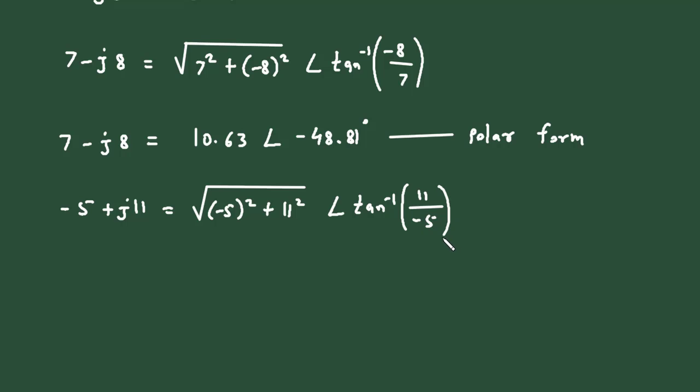Here we can see the real part is negative. So when the real part is negative, that time we add 180 degree to it. Here we can write, since the real part is negative.